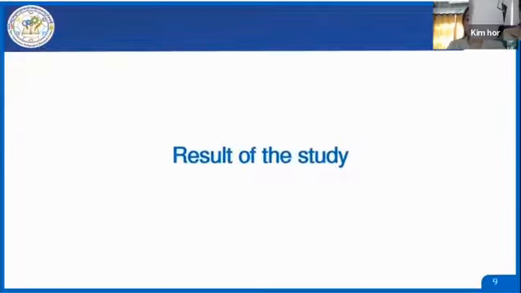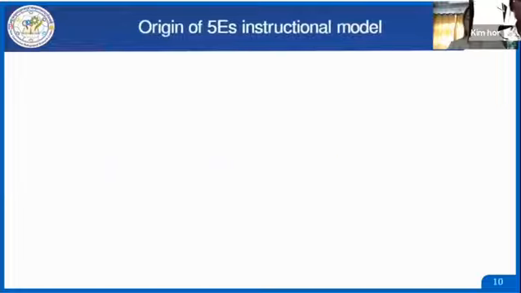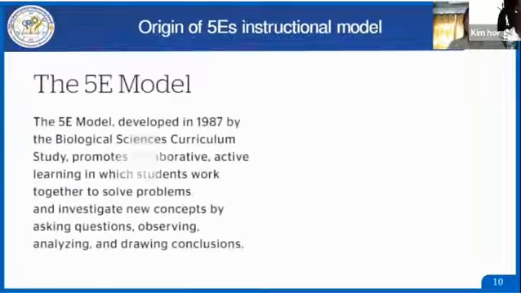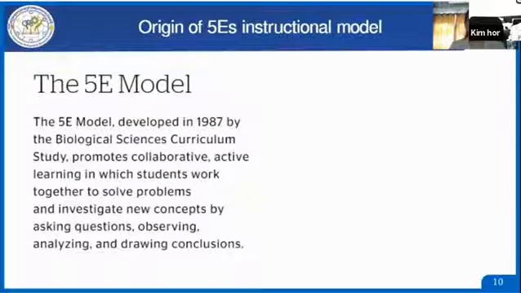Before I jump to what I have found about the 5E instructional model, I would like to introduce what 5E is. The 5E model was developed in 1987 by the Biological Sciences Curriculum Study to promote collaborative active learning in which students work together to solve problems and investigate new concepts by asking questions, observing, analyzing, and drawing conclusions.